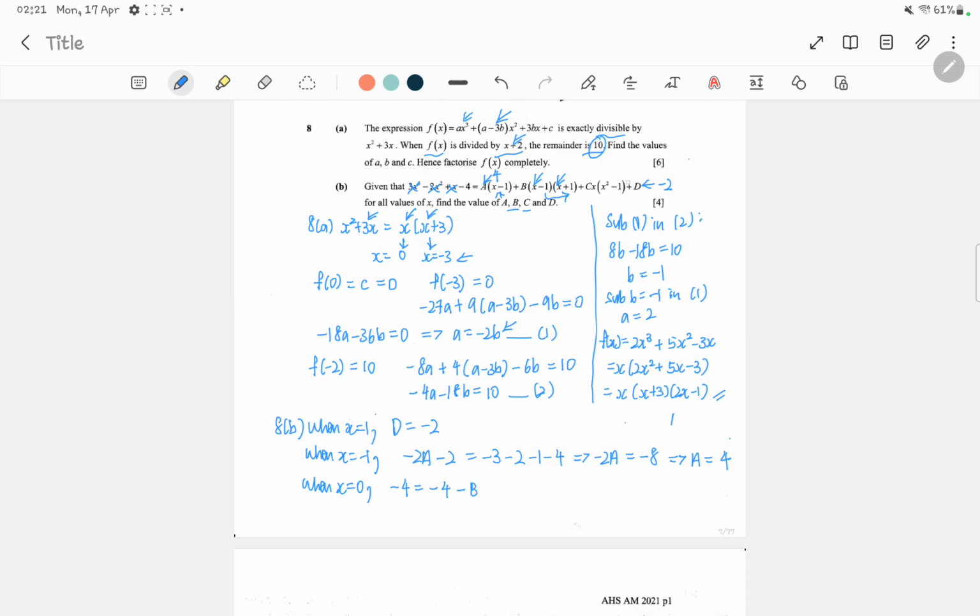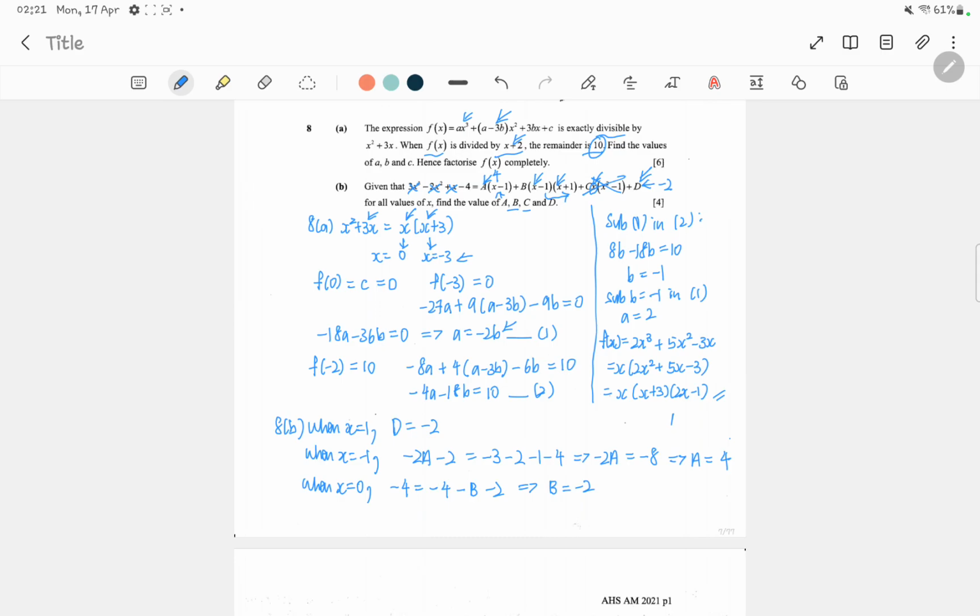And here, since I substituted x equals 0, this whole thing is gone, and I'm left with my d, which is minus 2. So this implies that b is actually equal to minus 2.